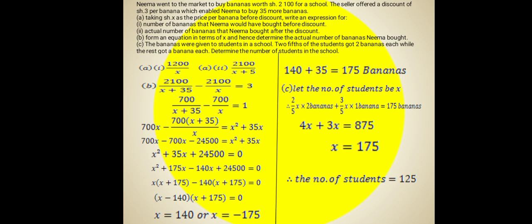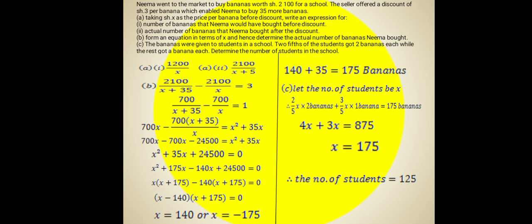So you can see I've done something wrong in part 2. It should be 2,100 all over X plus 35, not 5. Just ignore that 5. Okay, now with that you can proceed.